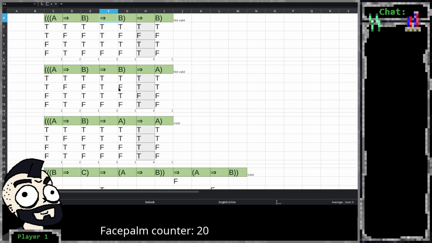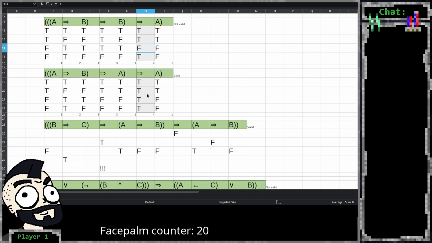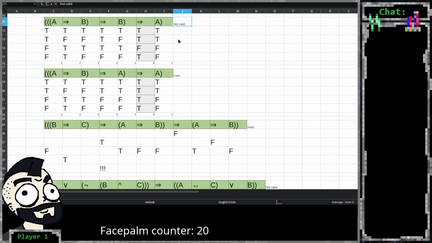Very similar case with the second formula. A implies B implies B. Does that imply A? No. The first part is the same as above, so I could just copy and paste. And then instead of true, false, I have true, true, false, false. And again, I have one scenario in which the first part gives me true, and the second part gives me false. So true implies false, that is false. That is not valid.